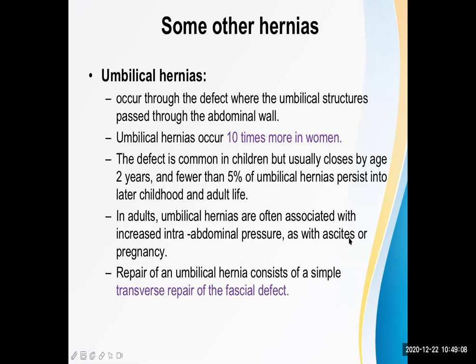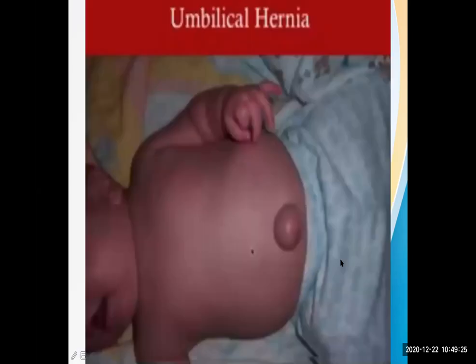A good example is a cirrhotic patient, or chronic liver disease patient, or patient having portal hypertension. Now, repair of an umbilical hernia consists of a simple transverse repair of the fascial defect. So treatment is relatively easier than other types of hernia. Now, look at this. This is a picture of umbilical hernia.